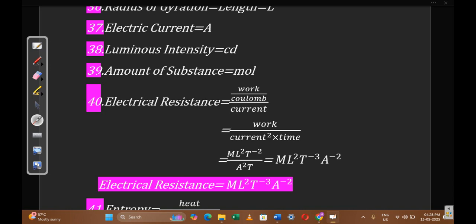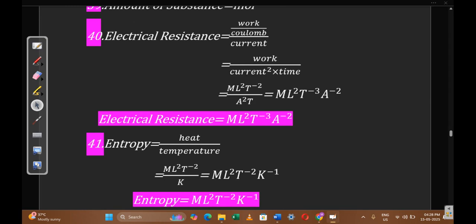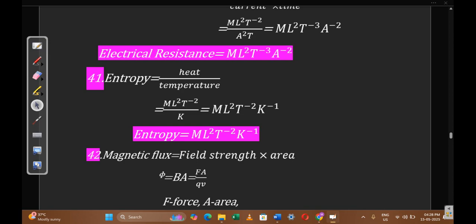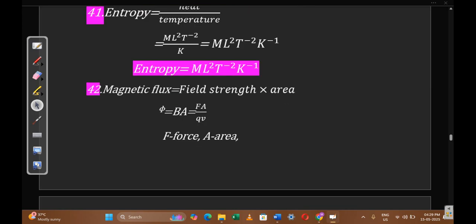Next one is entropy. It is nothing but heat by temperature, and its dimension formula is ML square T power minus 2 K inverse. Next one is magnetic flux, means field strength into area. Formula for this magnetic flux, expressed by the symbol phi, is FA by QV.